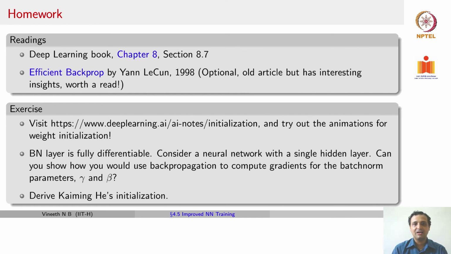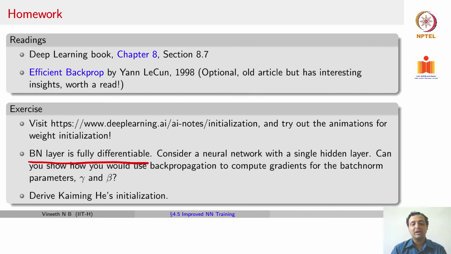Your exercises are: visit this link here, which has some nice animations of how a neural network behaves with different initializations. It's a simple click and try exercise for you. The second exercise: batch normalization is fully differentiable.